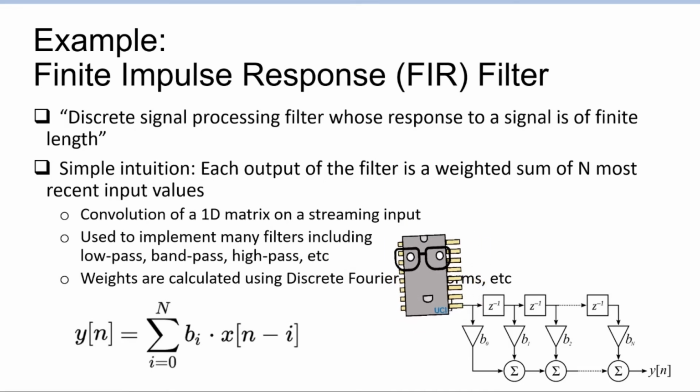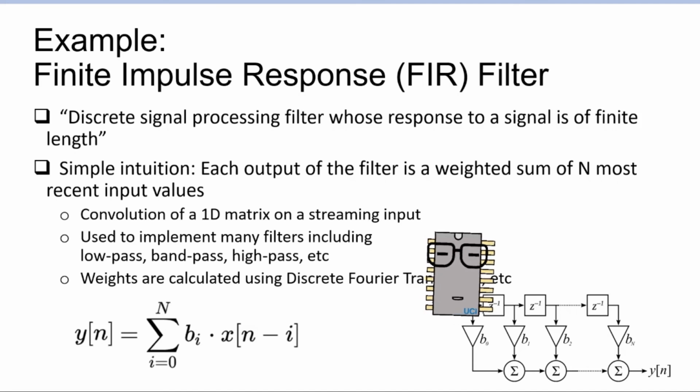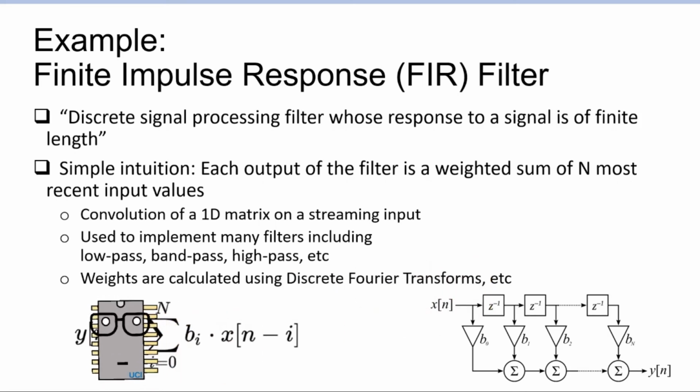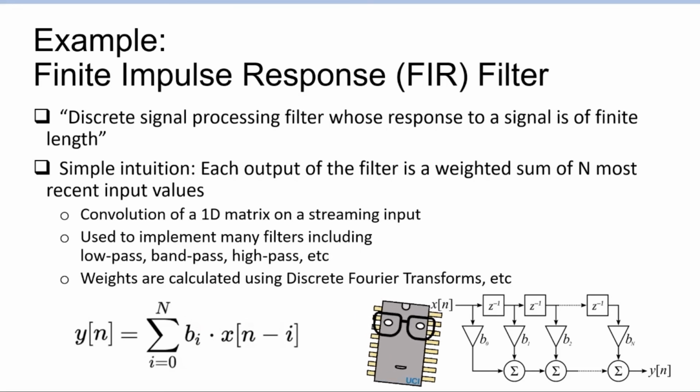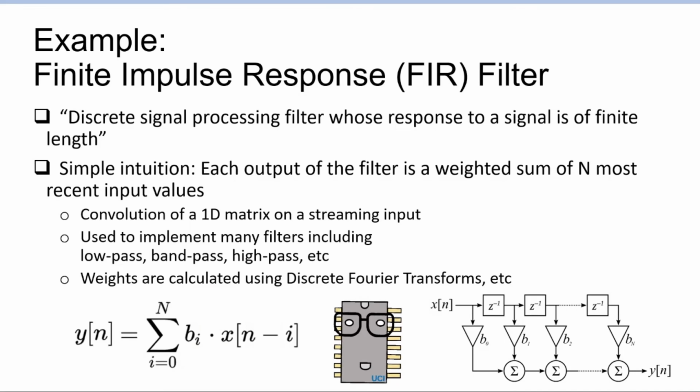For example, I've seen a FIR filter implementation of a heartbeat delineator, so that it chops up the heartbeat signal into individual heartbeats. Weights are calculated using discrete Fourier transforms, etc. But for our purposes right now, this is not important. Our purpose is implementing this thing in hardware for FPGAs.